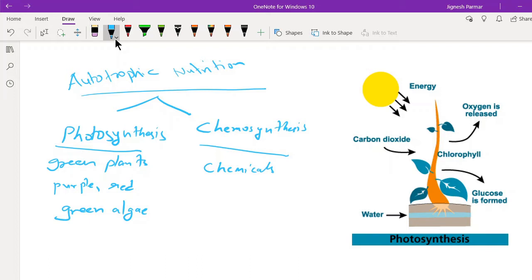Here there are some bacteria who can prepare their food by using iron, nitrogen, and sulfur. These chemicals are converted and the bacteria can prepare their food with their help, and that's why it is called chemosynthesis. So bacteria are one of the examples. Not all bacteria, but some bacteria and algae can do this.